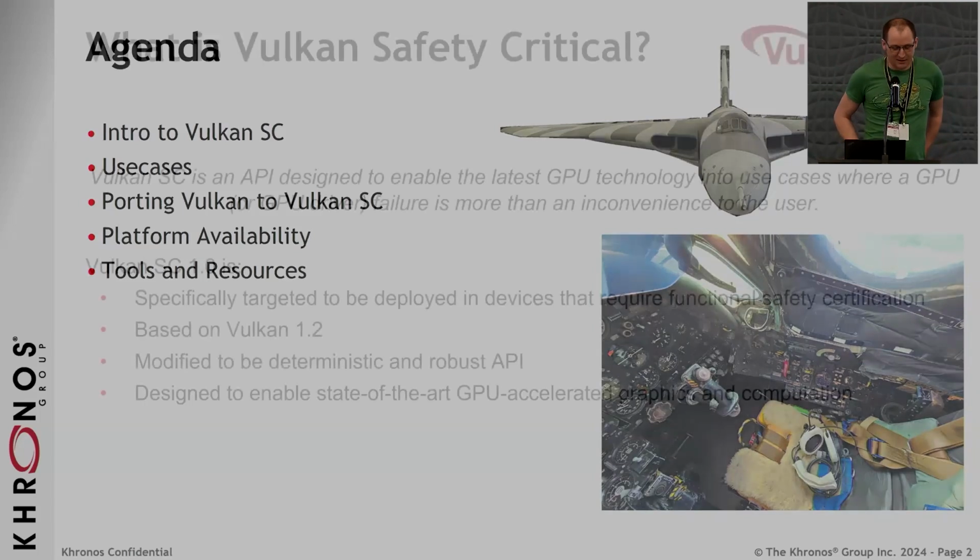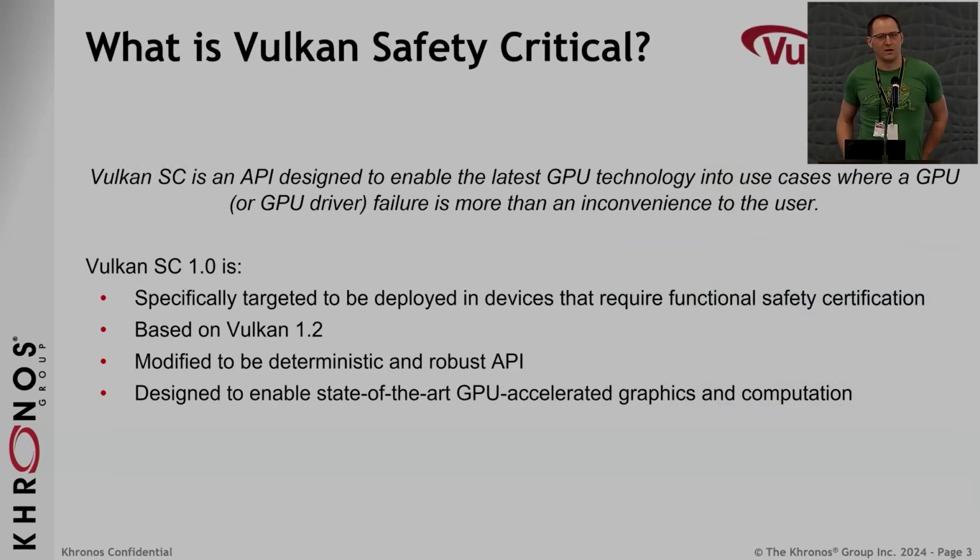Right. So moving on, what is Vulkan safety critical? Like Vulkan, it's a graphics compute API. The main difference is where it's designed to be deployed. We're designing it to deploy in devices where if something goes wrong, it's not inconvenient, like oh no, I've lost my point in the game, I've got to restart, or I'm going to kill my app.